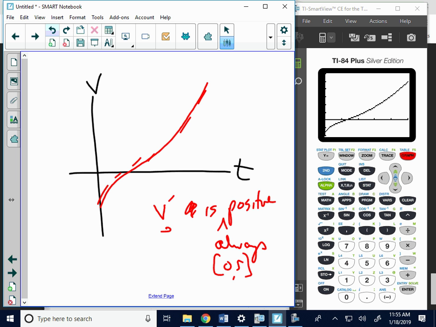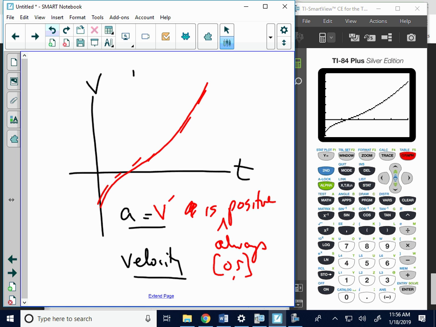Now, there's a unique relationship between the acceleration, which is V prime, and the velocity, which is V, when it comes to describing motion. You should know this. You should have had it earlier in the course. Whether or not it internalized, we need to make sure that happens.